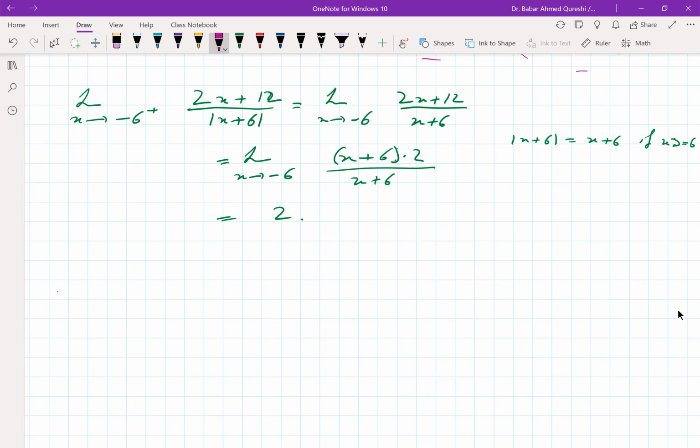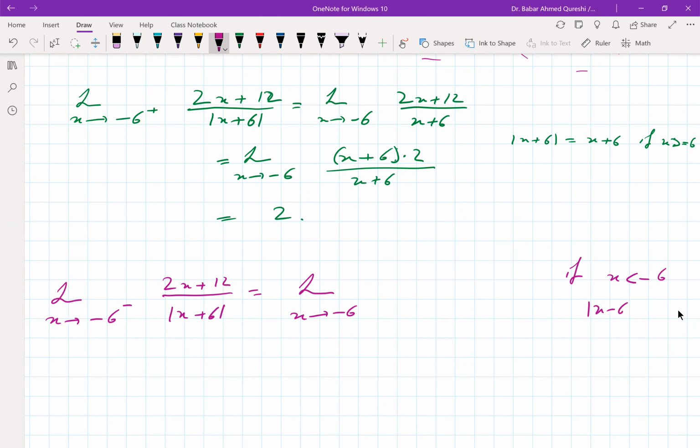While if I find the left hand limit, then when x is less than -6, then this guy is equal to minus of x plus 6. That's the very definition.